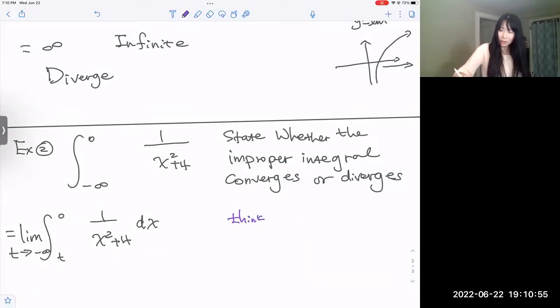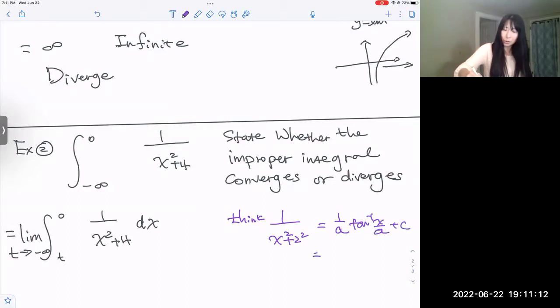Arctangent, excellent. So we have 1 over x squared plus 2 squared. Then we have 1 over a times arctangent of x over a, plus c, right? So a equals 2.